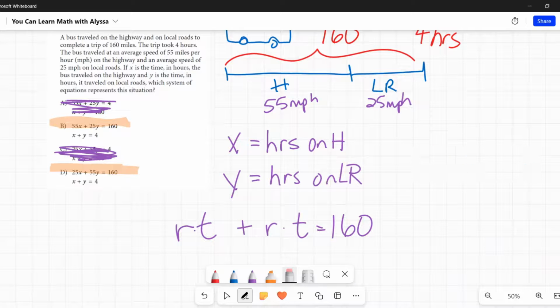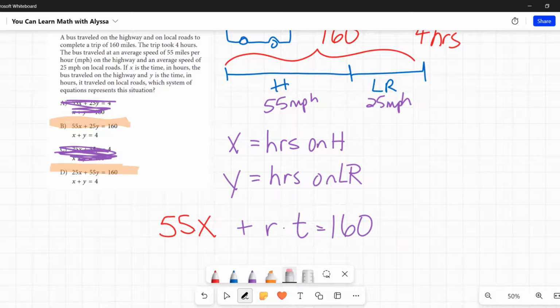So let's look at them. On the highway the rate was 55 miles per hour, and it was X hours. So my first one, the rate was 55 miles per hour, and my time was X hours. I don't need a little time symbol. 55 times X. So that's how many miles were traveled on the highway.